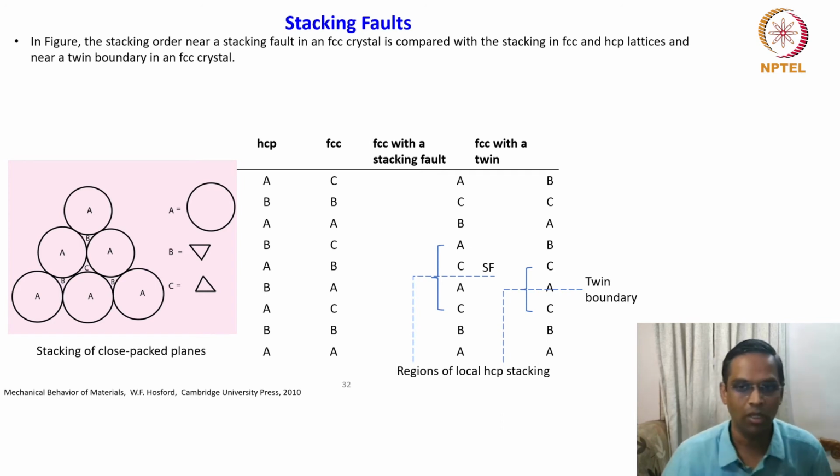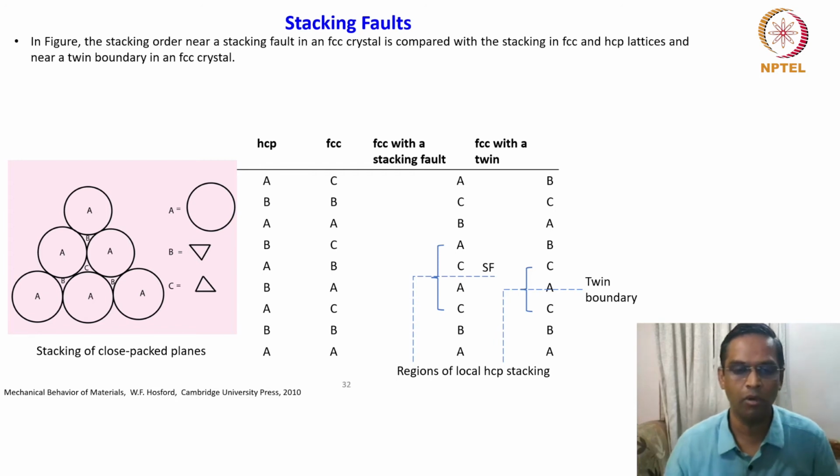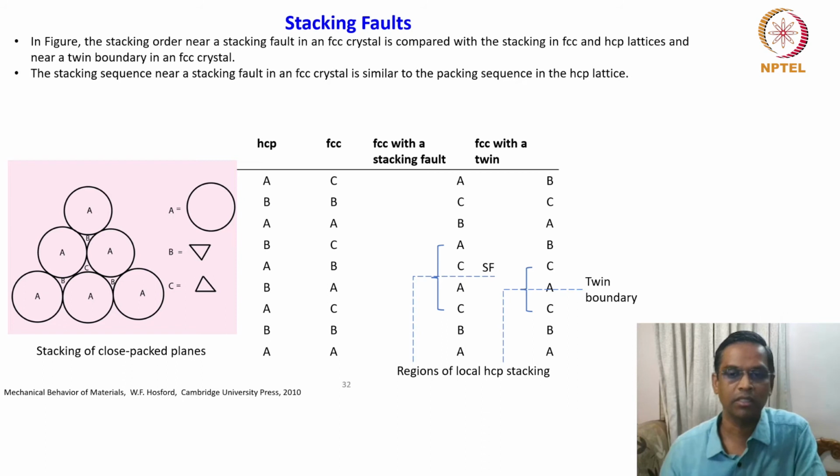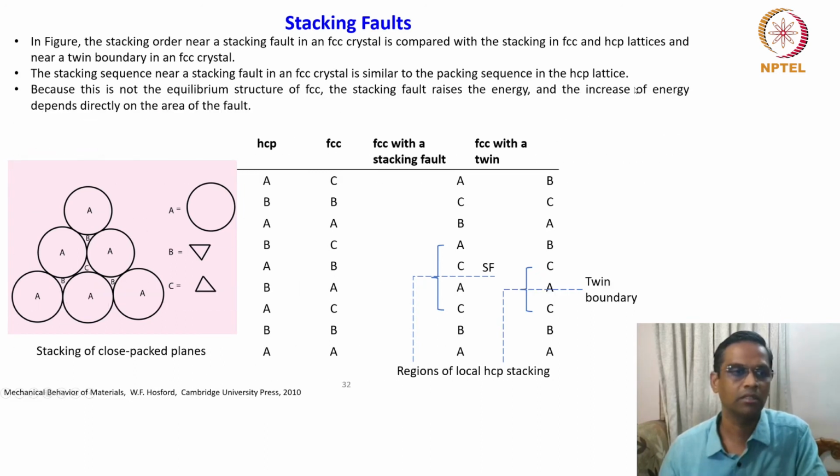They have to cooperate and form this boundary. We will see that when we discuss twinning, but here we are concentrating on the stacking fault. The stacking sequence near a stacking fault in an FCC crystal is similar to the packing sequence in the HCP lattice. That's known.